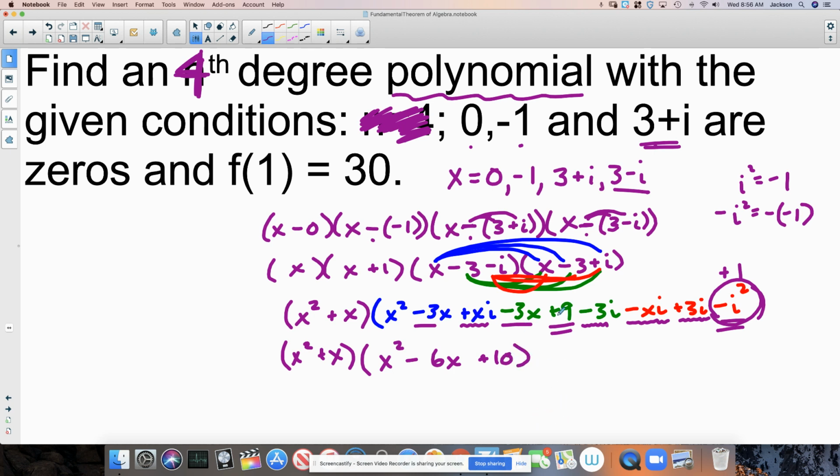Okay? Some of these terms canceled. This one could get simplified. I combined everything else that could be combined, and I end up here. All right?